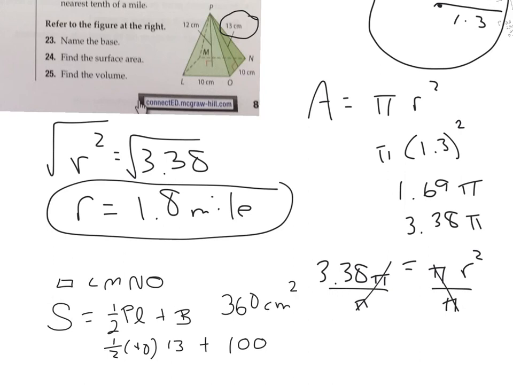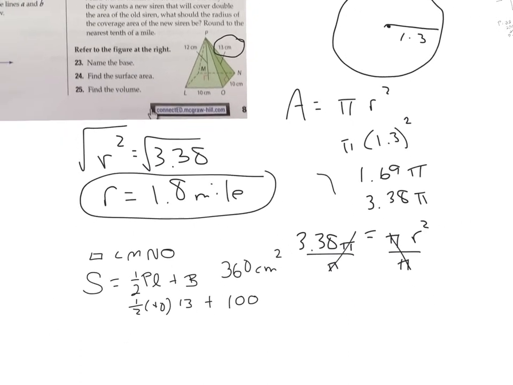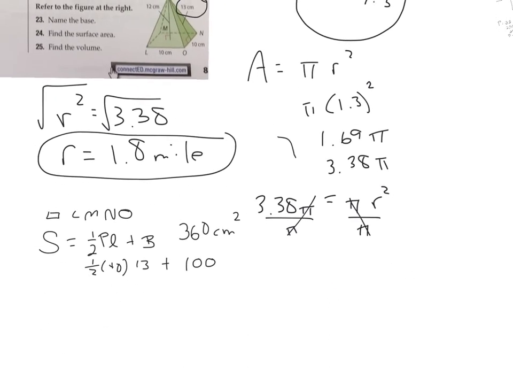Right? Very good. And the last question, number 25, asks what is the volume of the pyramid? Well, the volume has the formula 1/3 area of the base times height. Now, we already know the area of the base is 100.